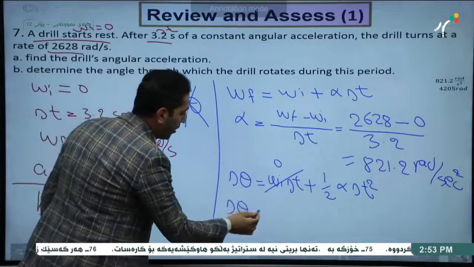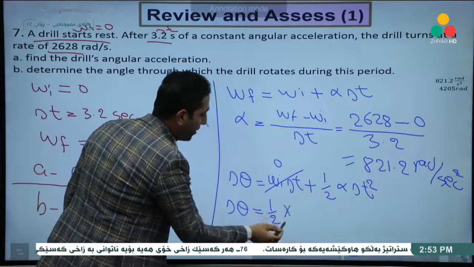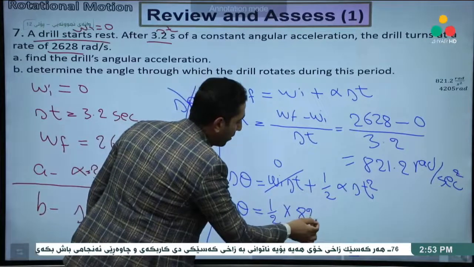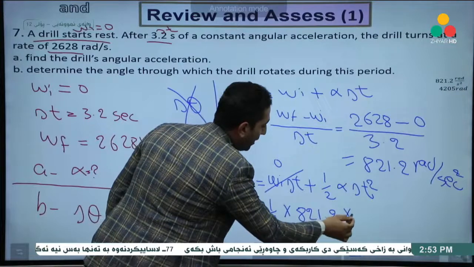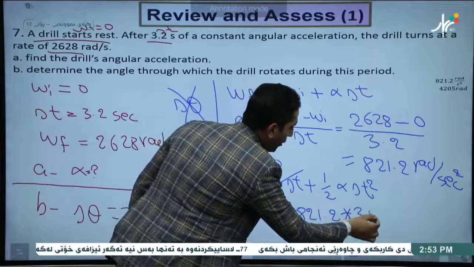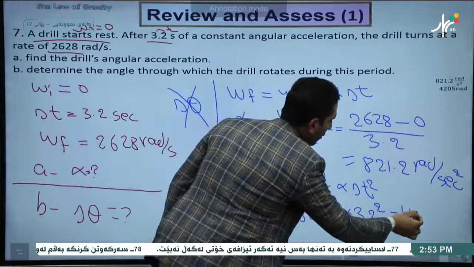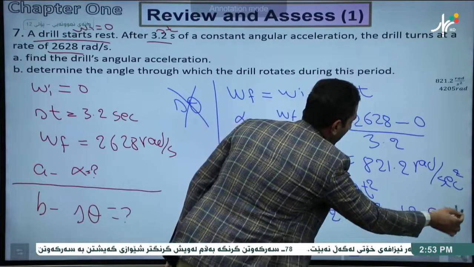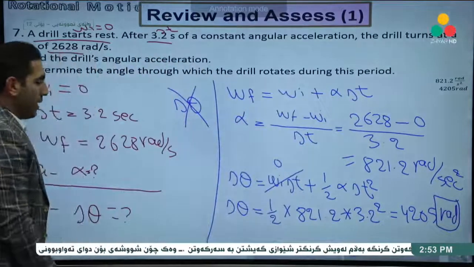So delta theta is equal to 1 over 2 times alpha times delta t squared, which is 1 over 2 times 821.2 times 3.2 squared, equal to 4205 rad. Why rad? Because it is angular displacement.